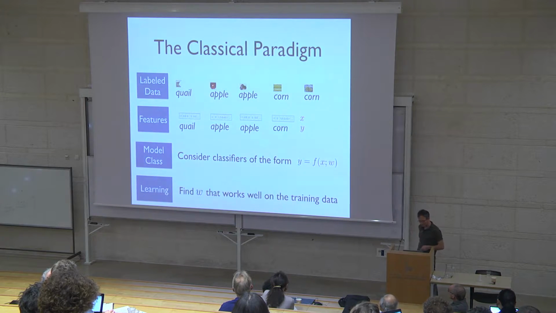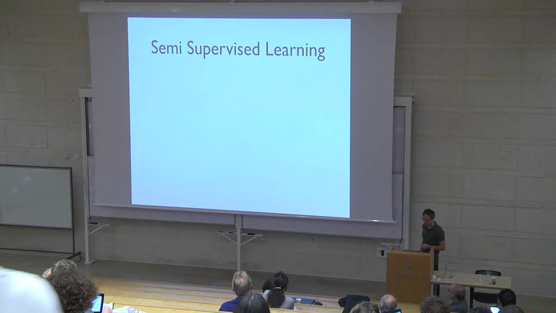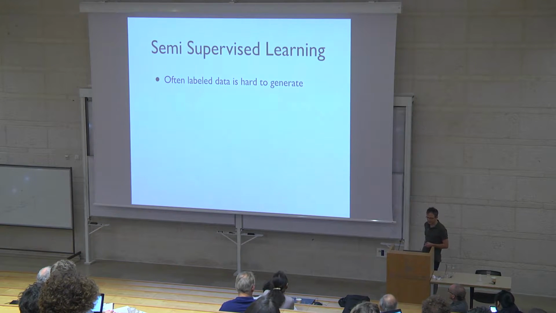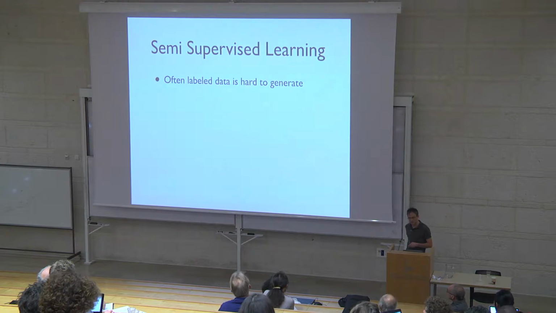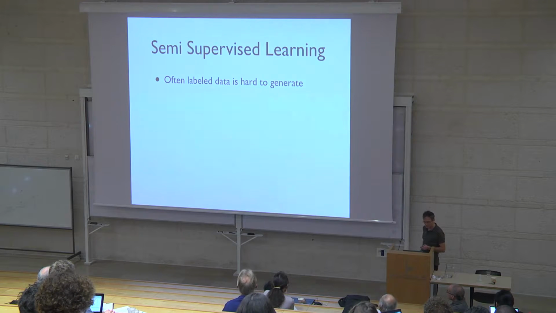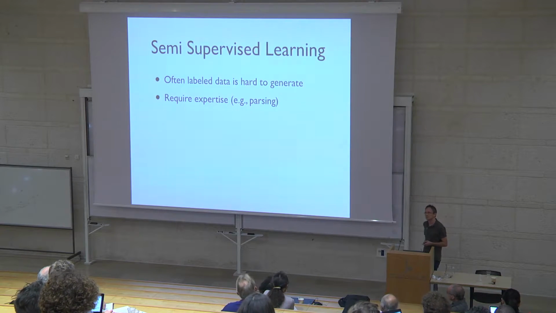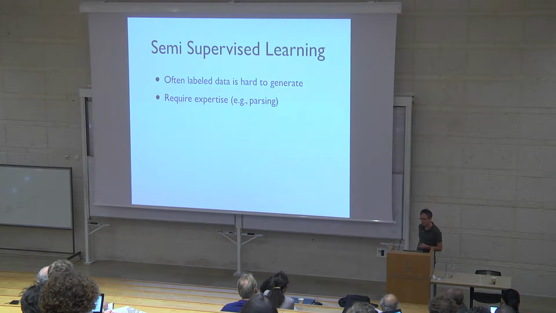And there's obviously a lot under the hood here. One caveat is that to get these systems to work well, you need a lot of labeled data. And that's often hard to generate, especially if you don't have resources like the very large companies. And in some cases it requires expertise, for example, in natural language processing problems.